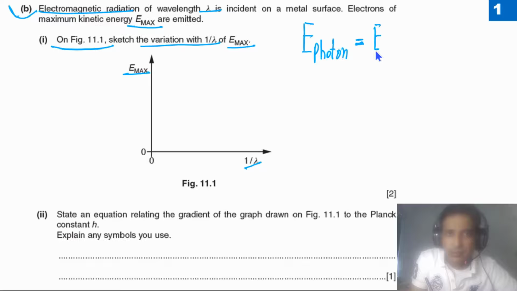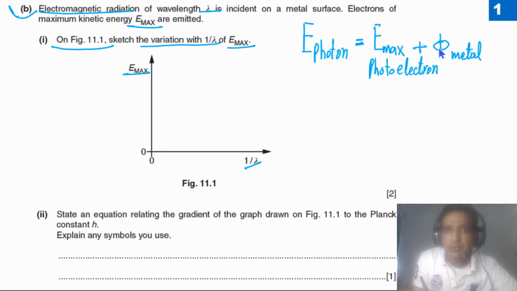I can simply write Emax. So this is the kinetic energy max of photoelectrons, means the electrons emitted due to photoelectric effect, plus work function of metal. So this is work function of metal. It depends on metal. If the metal changes, work function will change.